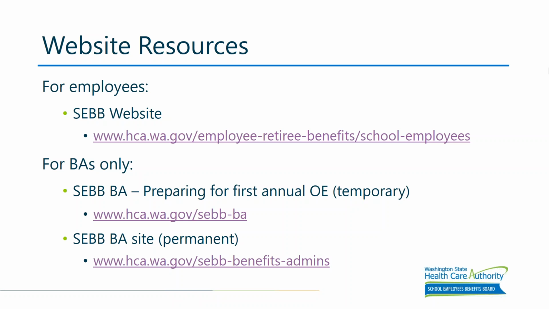There are two websites currently out there for benefits administrators only, and that is the SEBB BA Preparing for First Annual Open Enrollment website that houses information specifically for first annual open enrollment. But looking forward, your main resource will be the SEBB BA website as listed on the bottom here that has the /SEBB benefits admins link.